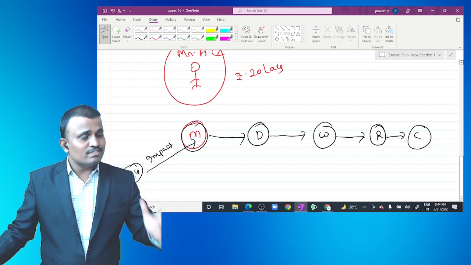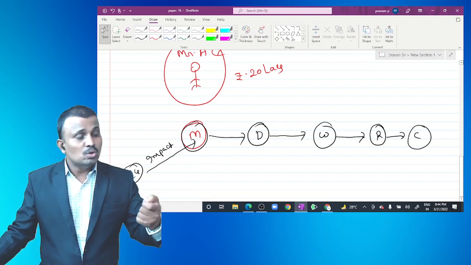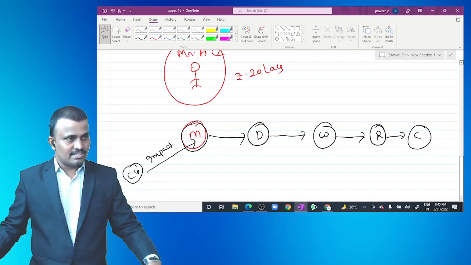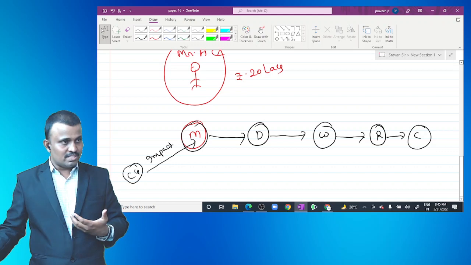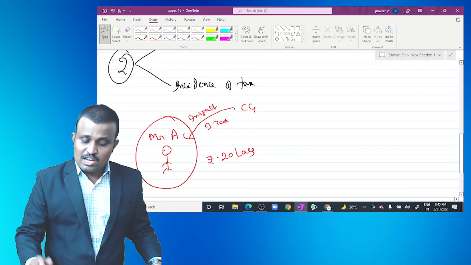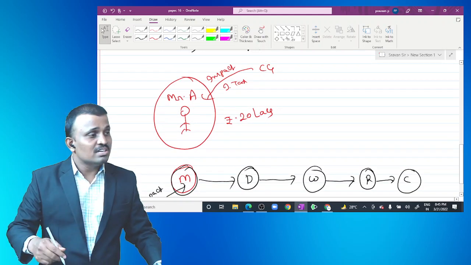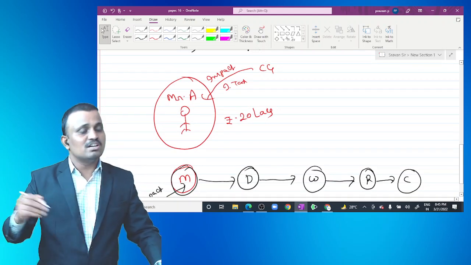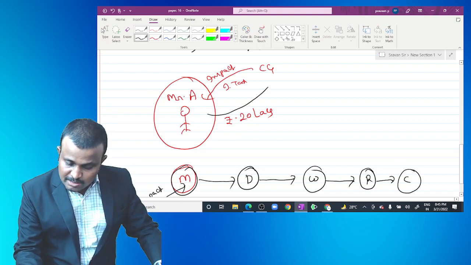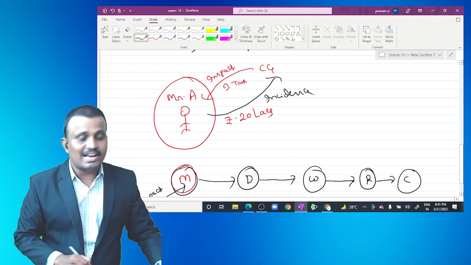So incidence of the tax is nothing but the effect on the person who ultimately bears the tax burden. In the first scenario, who bears the tax burden? Mr. A himself bears the tax burden because he utilized the income for his personal purpose. He does not transfer the income to a third party. So that is called incidence of the tax.